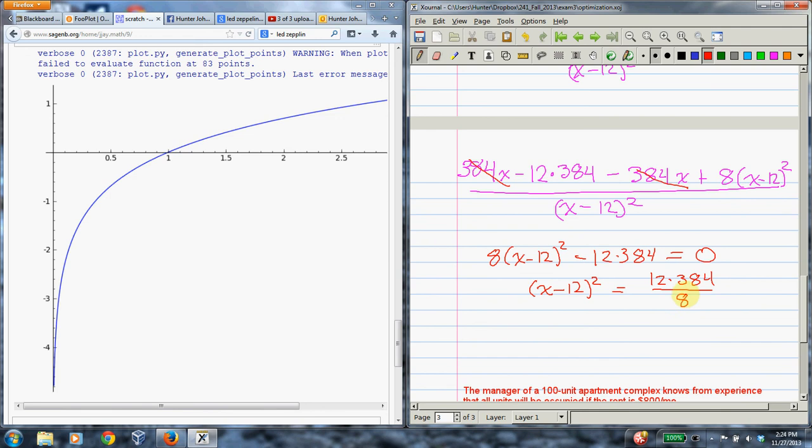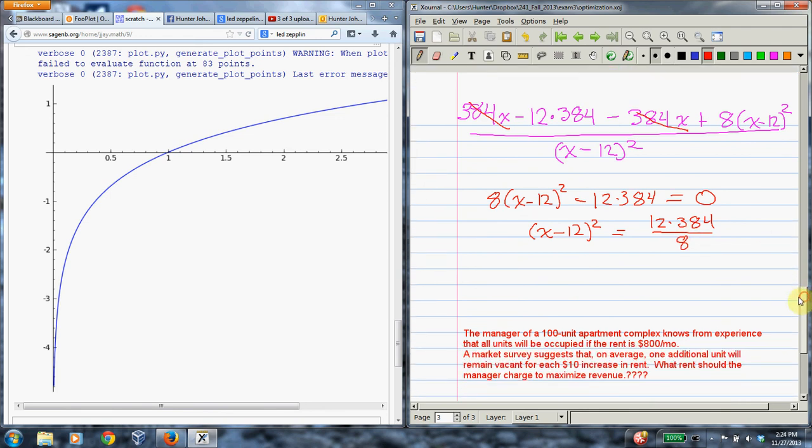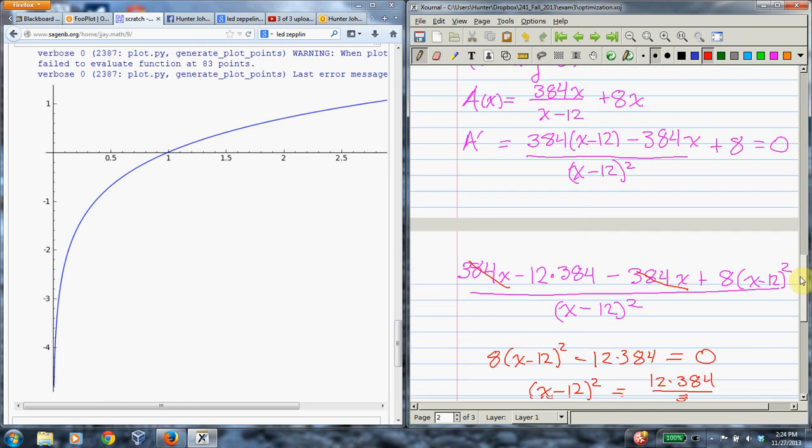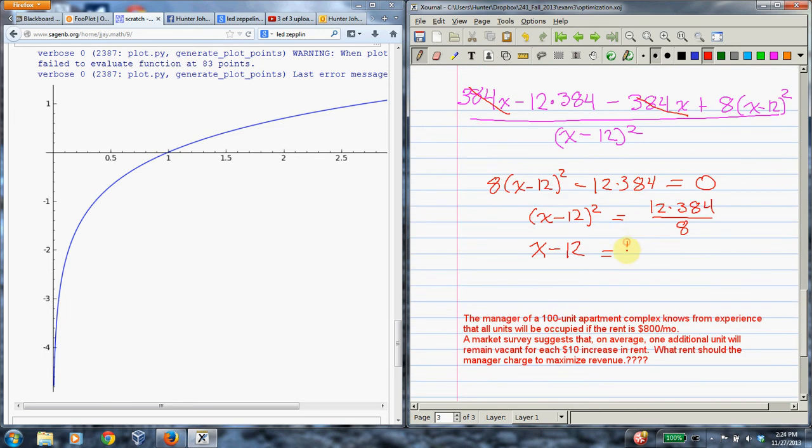You can do this algebra at your leisure and just make sure that we're getting the same things. So that means x minus 12 is equal to plus or minus. Do I have to worry about the negative possibility? Probably not, but let's just leave it there for the time being. Plus or minus the square root of 12 times 384 over 8, plus 12.